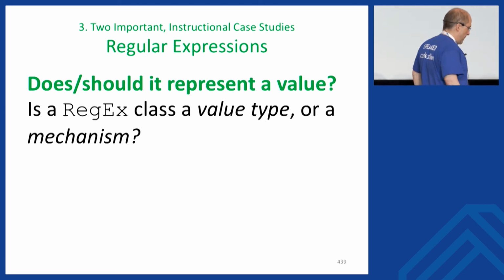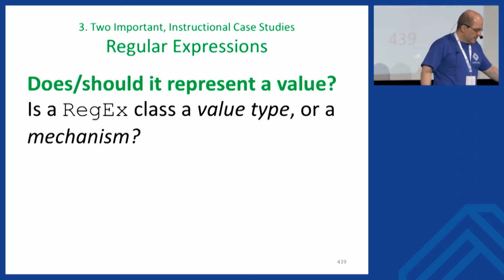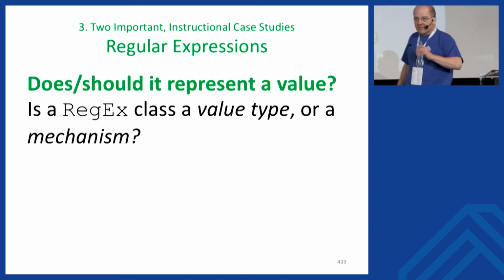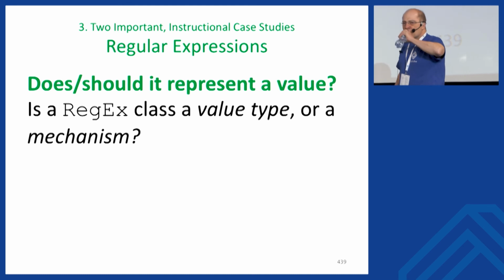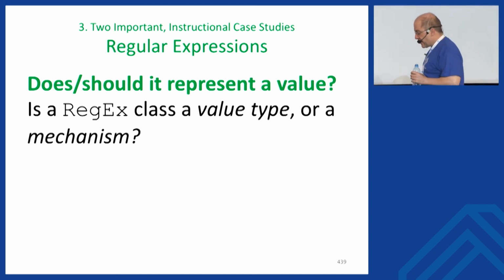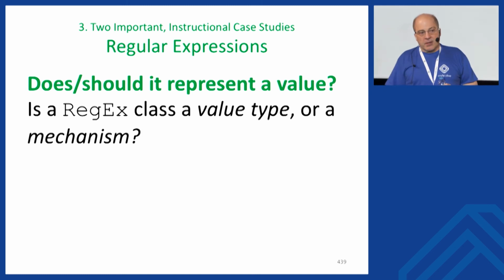I'm not sure what you mean by that. Can you explain? Okay, so I'm being told it's not a value per se. It represents a value because it represents a whole language.